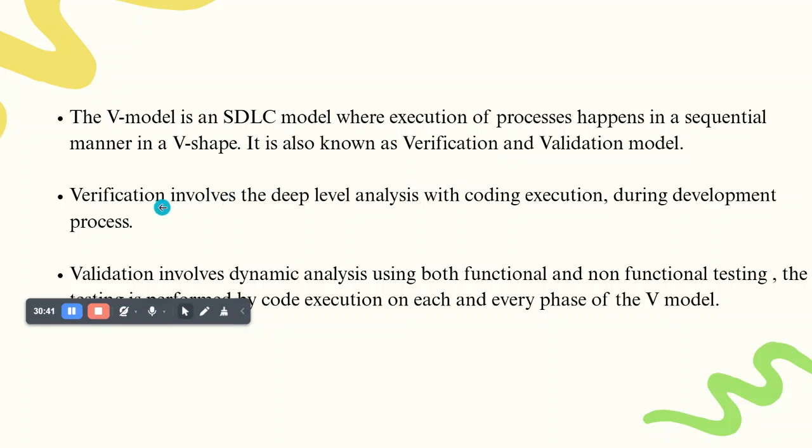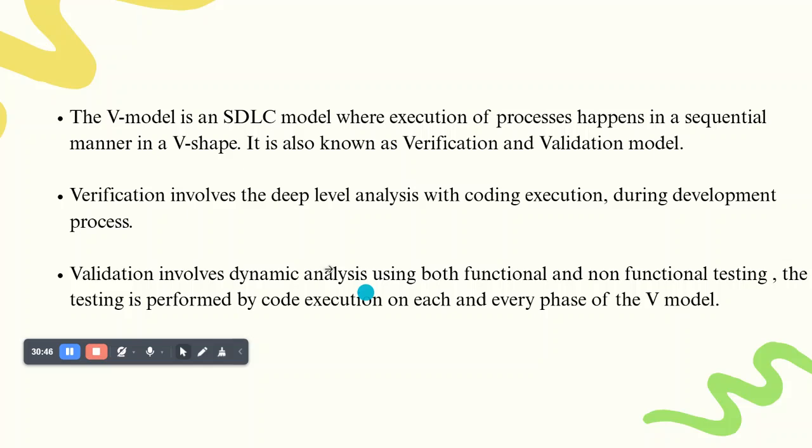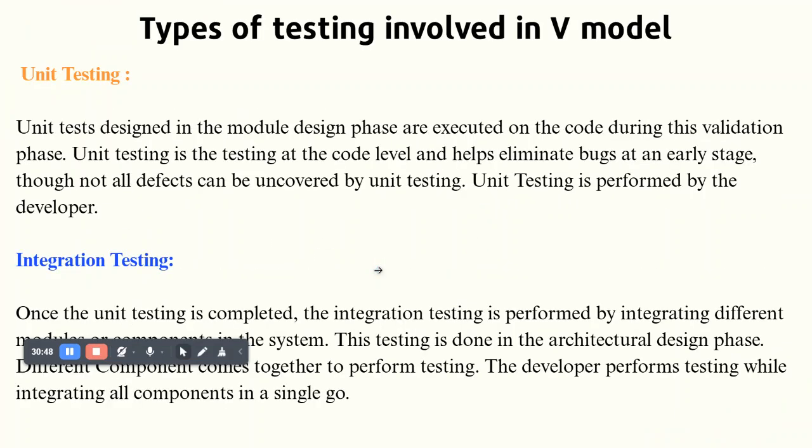Please read it. What is in verification? There are two phases, verification and validation. What happens in the verification phase and what happens in the validation phase. So, the types of testing involved in the V model: as we have seen, there are verification and validation, two parts of the V model. There is unit testing.